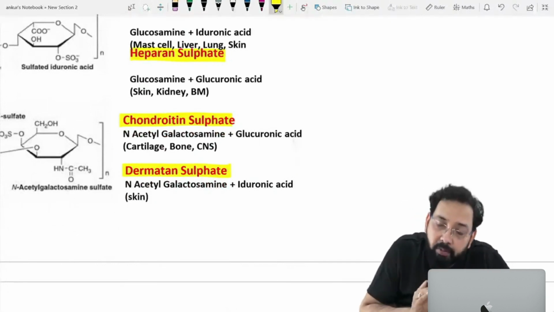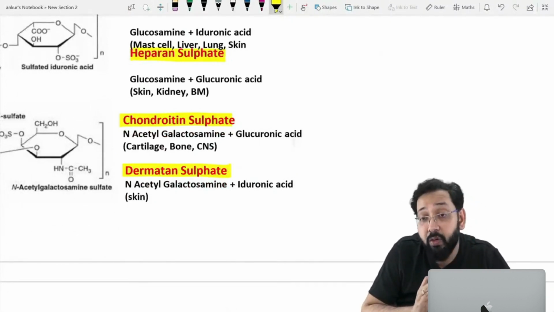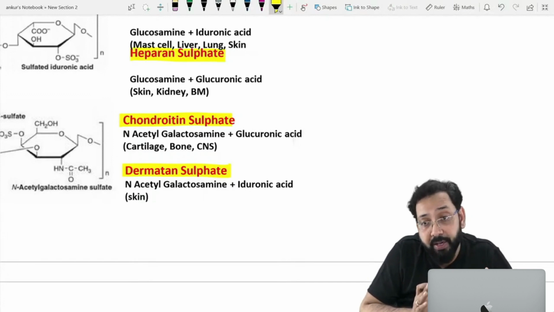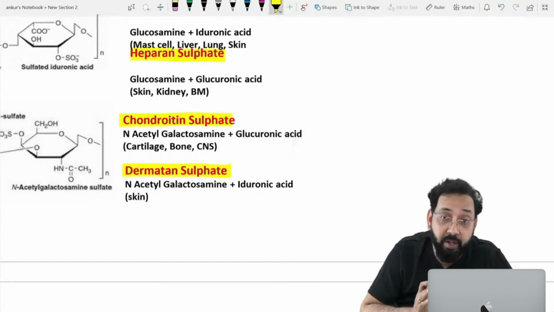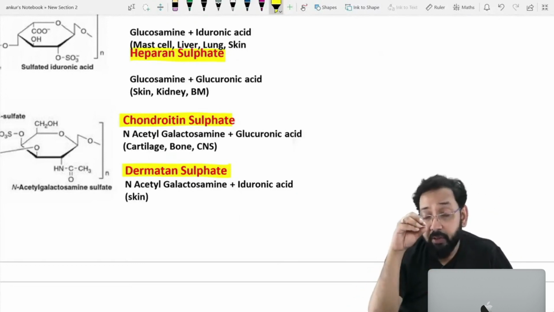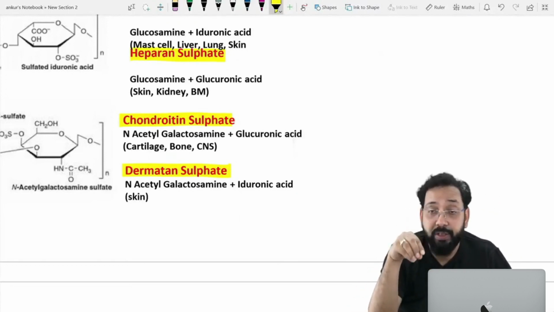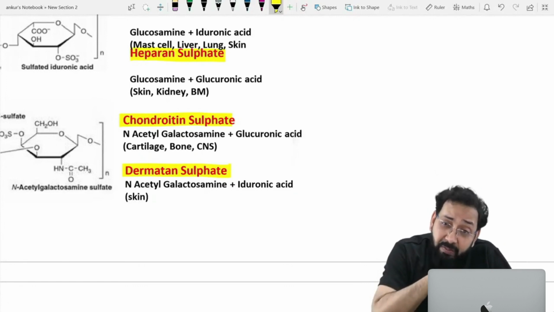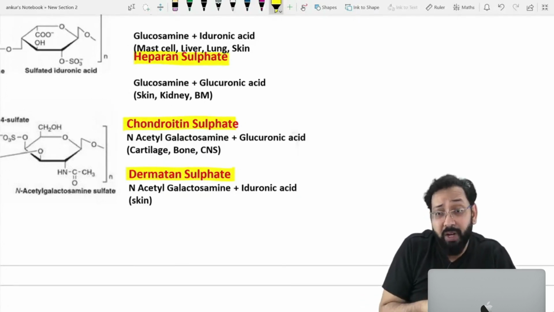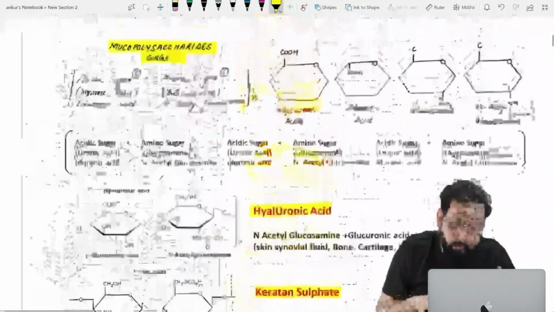These compounds are heteropolysaccharides, or glycosaminoglycans, or mucopolysaccharides. When we saw their structure, all these 6 compounds were having a common pattern.